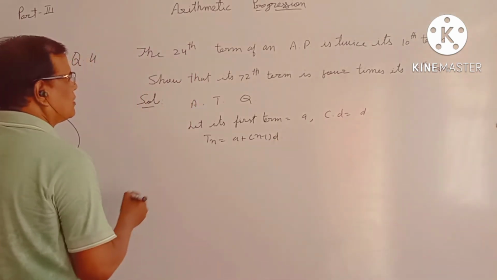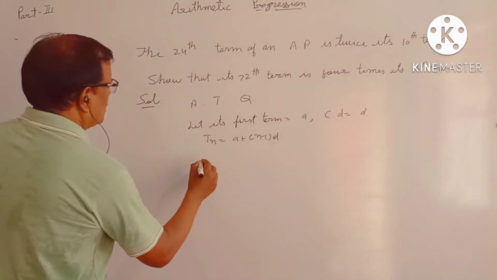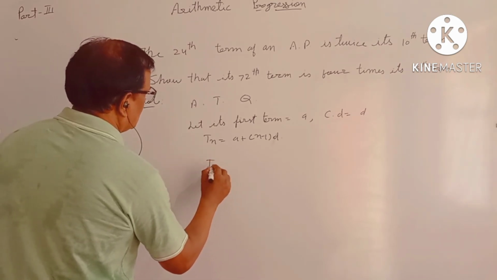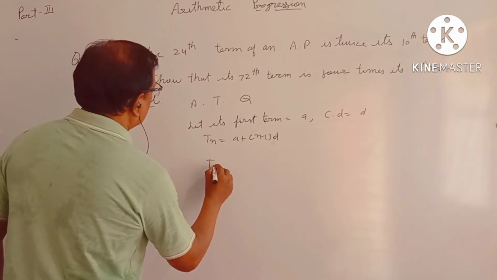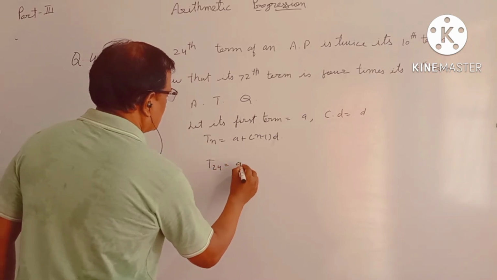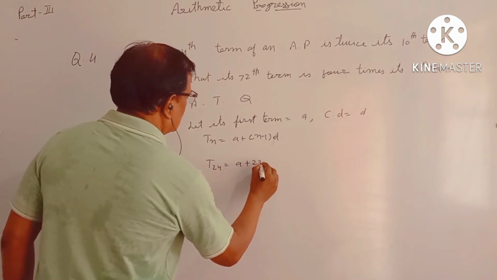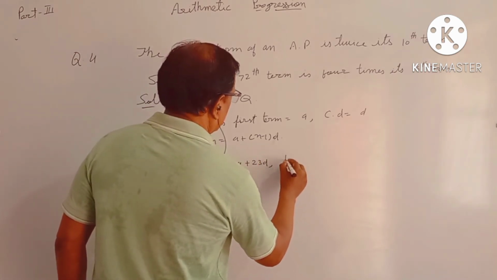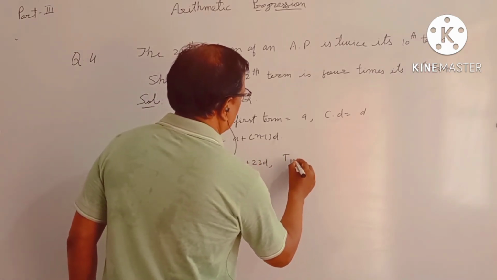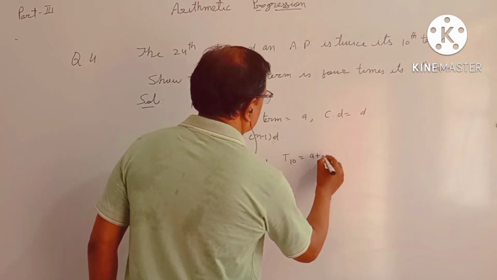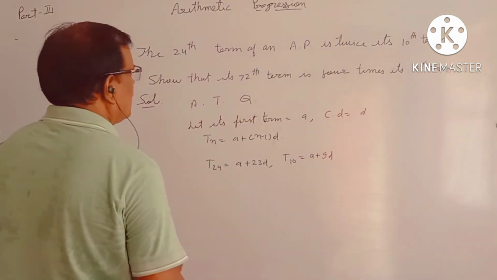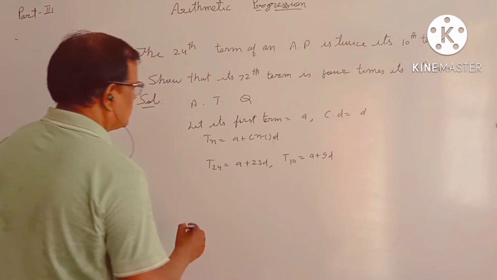So according to the question, T24 will be equal to A plus 23D, and T10 equals A plus 9D, as it is twice.